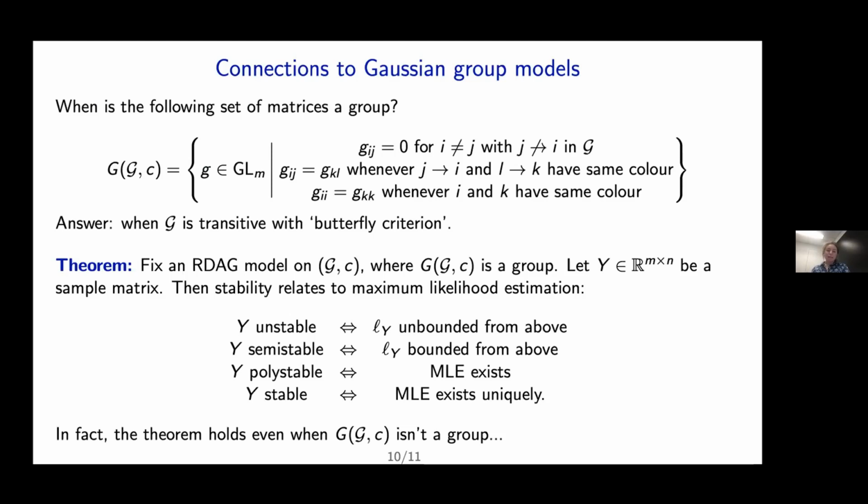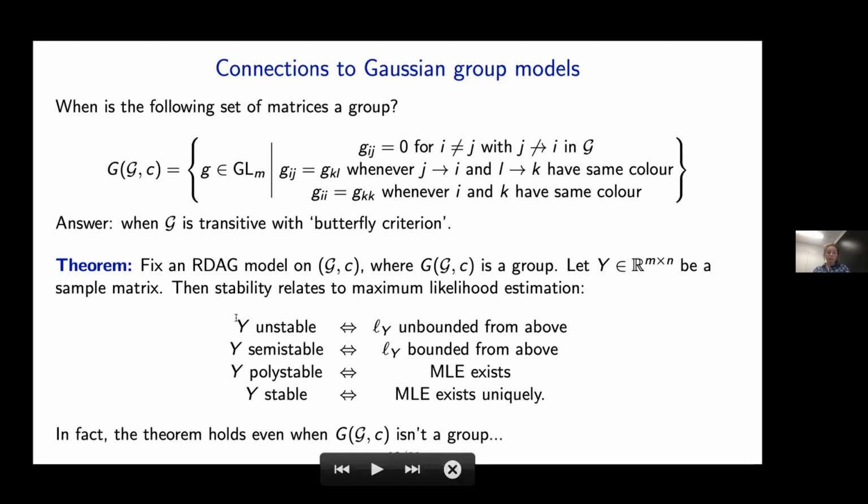Then, if we fix an RDAG model on a graph G with a coloring C, such that this set of matrices is actually a group, then we have these connections between the various notions of stability that exist in the study of groups, which I won't get into now in the interest of time, and maximum likelihood estimation.